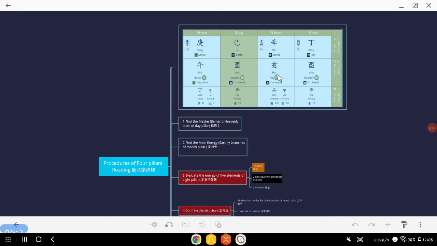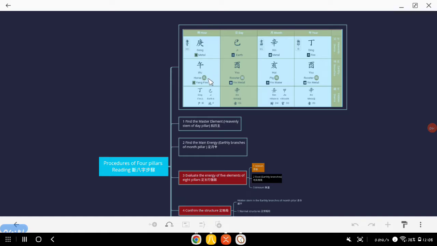So here, because it's born during the winter, that's the pig, and also the rat and the ox. These three months are winter. So during these 3 months, the fire energy will be in a very bad condition. Even if you have a lot of fire here, the energy will be cut by approximately 40%.